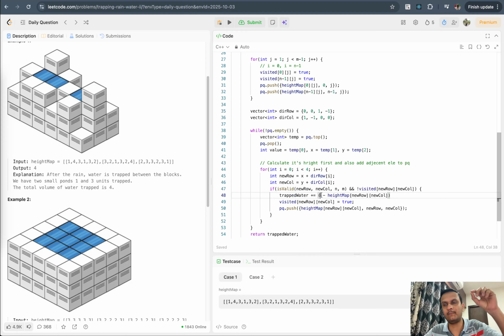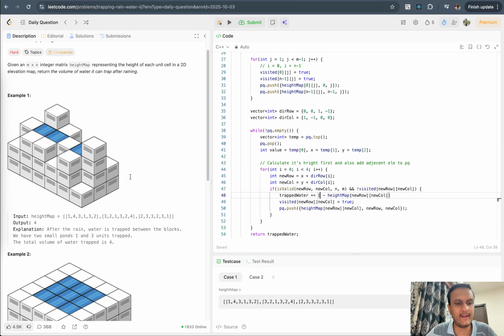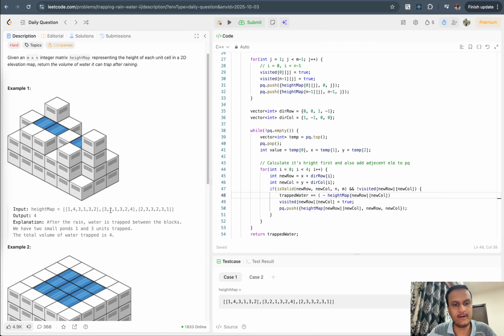So we are processing from cell I. We are going to all four directions. Some of the direction we have come from, so that will be excluded anyways. When should we add this water? When I will be at 2, first I will push this 2, right? When I will pop this out, then only I will calculate how much water I can trap, right?